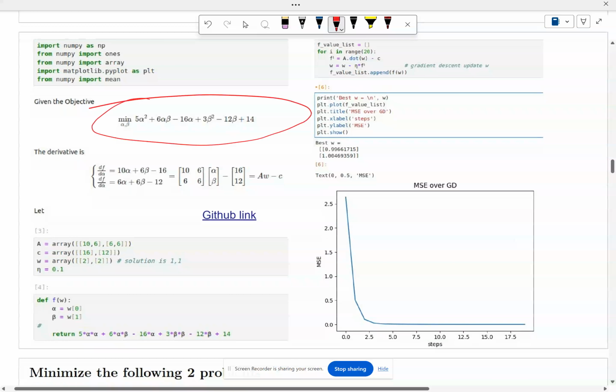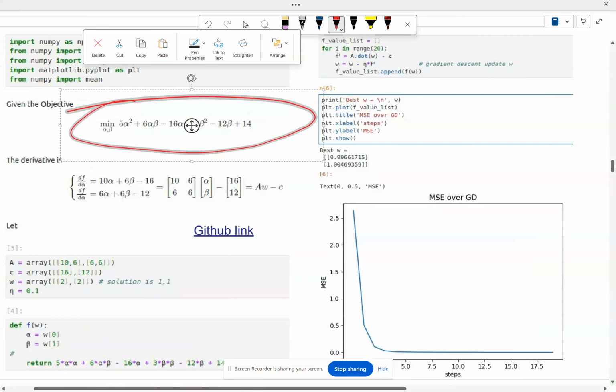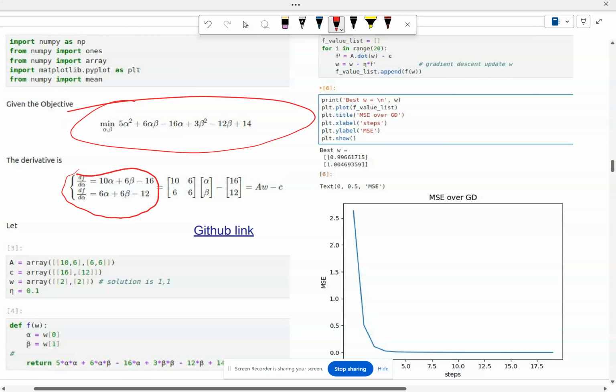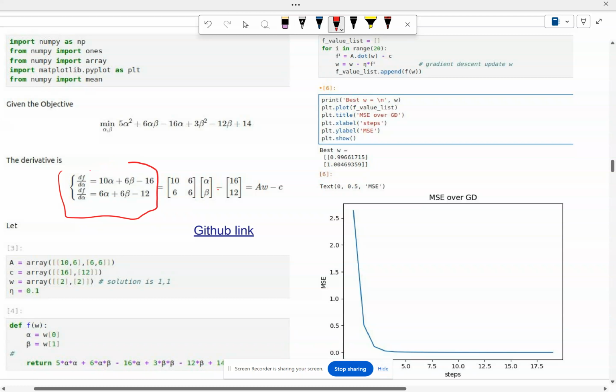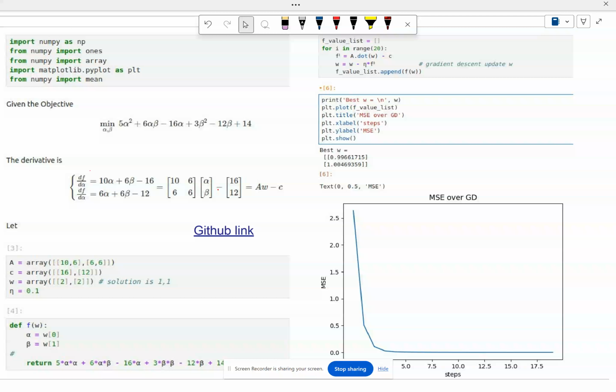Given this problem, remember we were able to find a derivative. So this is the derivative. Take a second and see how this was equivalent to a derivative of this with respect to alpha and beta. Now, typing this equation into Python is a pain. Instead, you always want to figure out a way to simplify it into matrix vector multiplication.